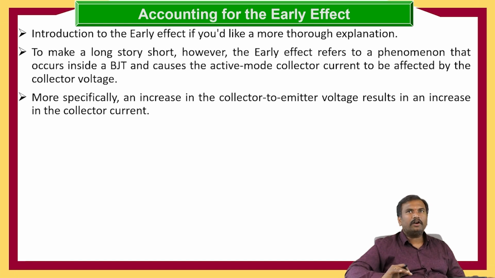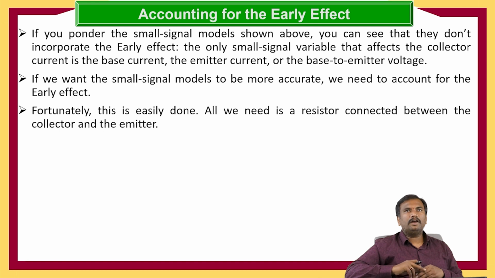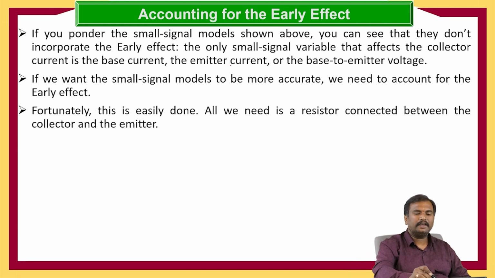So in order to limit this collector current, we have to take some considerations. Here, the small signal variables that affect the collector current are the base current, emitter current, or base to emitter voltage.